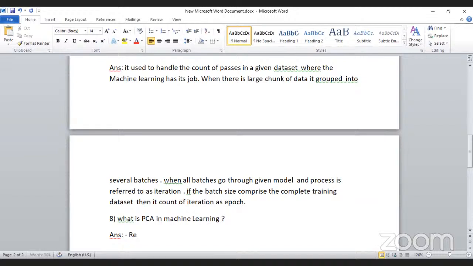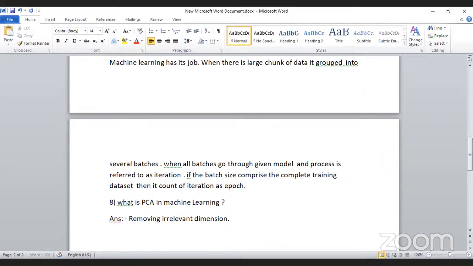PCA will remove irrelevant dimensions. What other task is PCA doing?